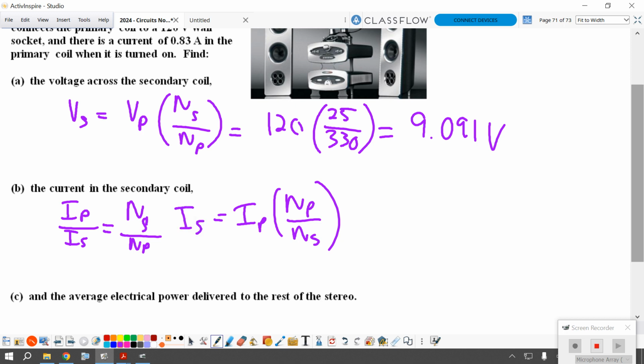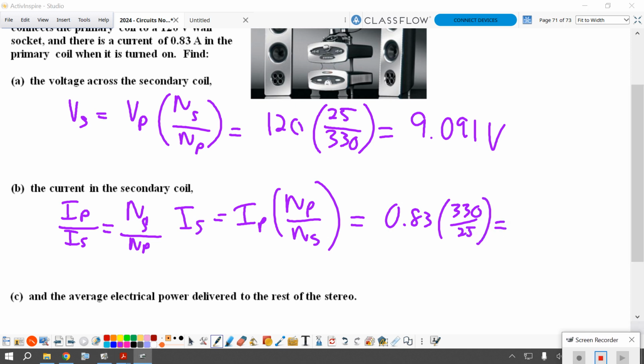Good, because we have the primary current here, so 0.83 amps, and that is all going to be multiplied by the 330 over 25. You got it?